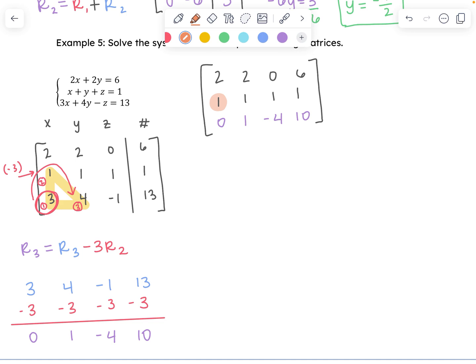I'm going to say R2 is going to equal, and I'm going to keep R1 as 2, but now I'm going to subtract from it 2R2. I want those to simplify.